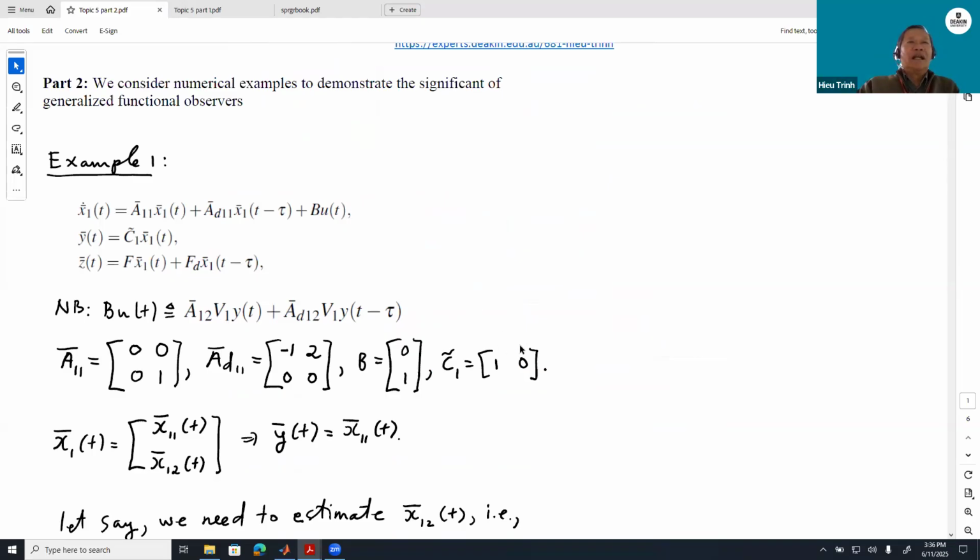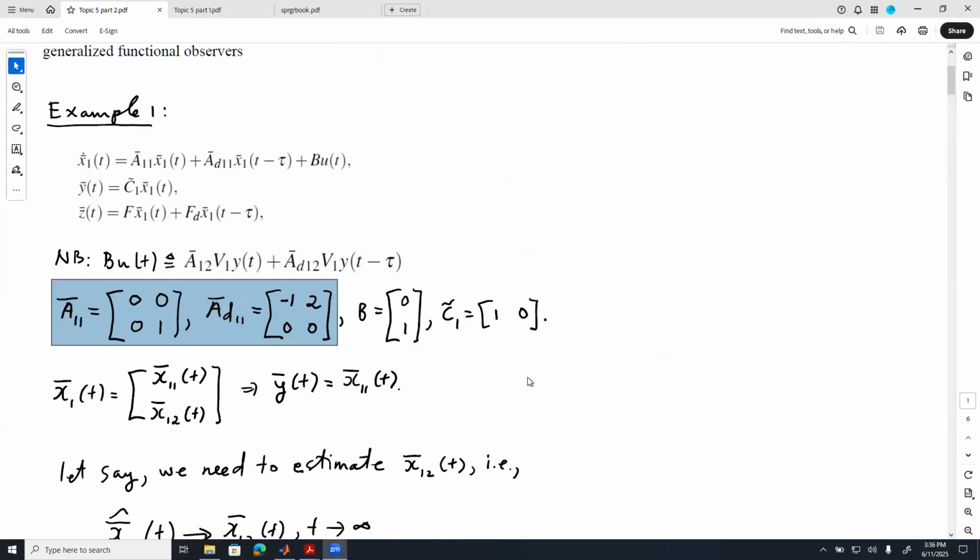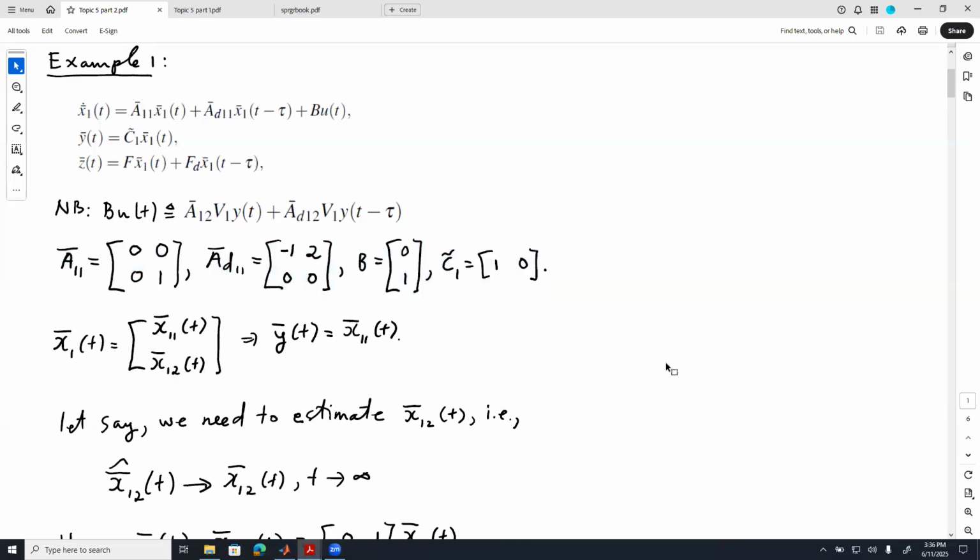We would like to take everyone through a journey of investigation and find out what is going on here. So we take this example where the matrices A bar 11, A bar D11, D bar, I bar D11, B and C tilde are as given here. Now, the matrix C tilde 1 is in canonical form.